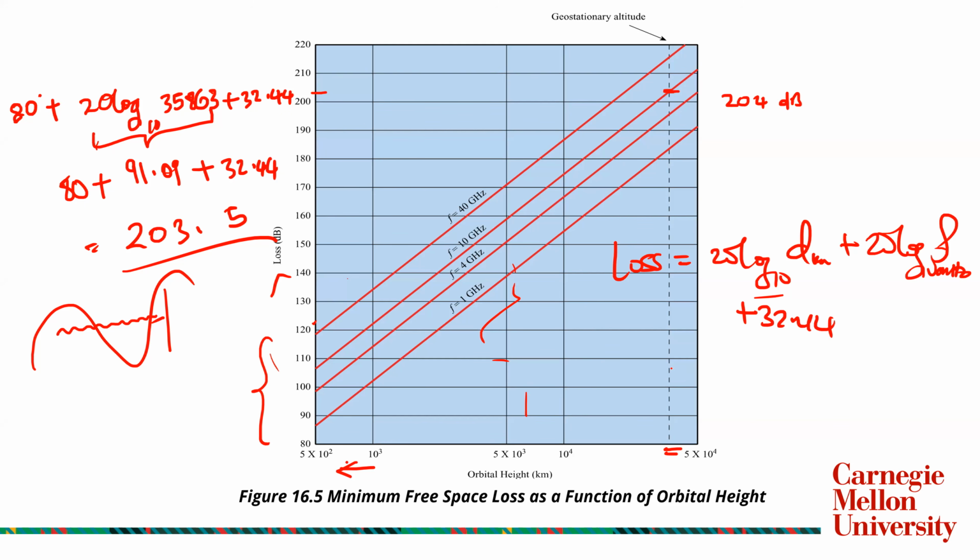Clearly, loss is proportional, because this is a logarithm, so there is that logarithmic relationship, but clearly with D and also with F. If any of these increases, so will the loss.